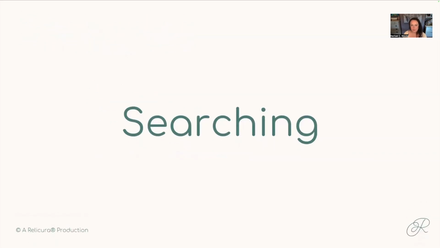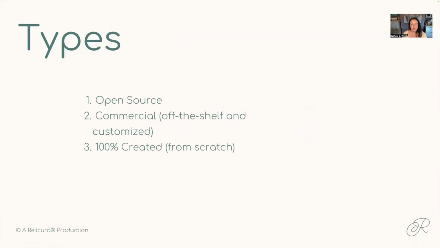Okay, first major part is searching. A few things to understand when we begin the very initial parts of this type of work is understanding the types of collections management systems. First type, open source.